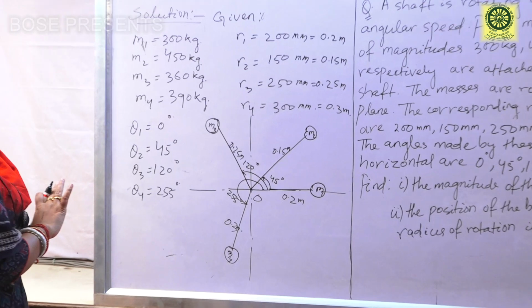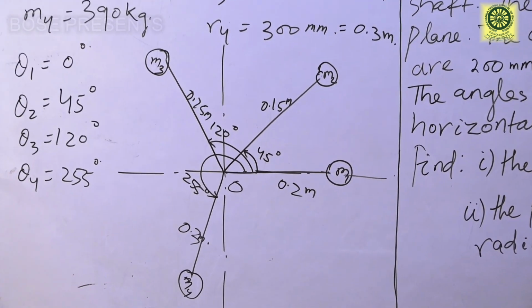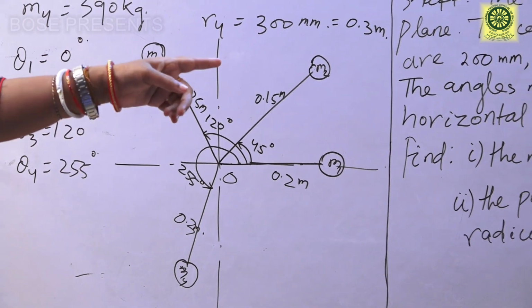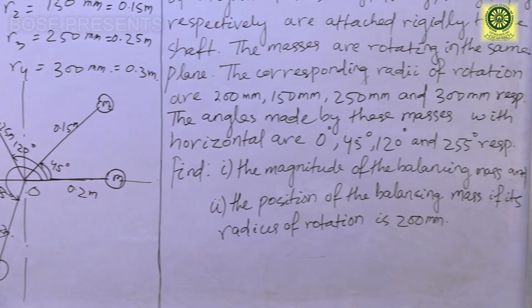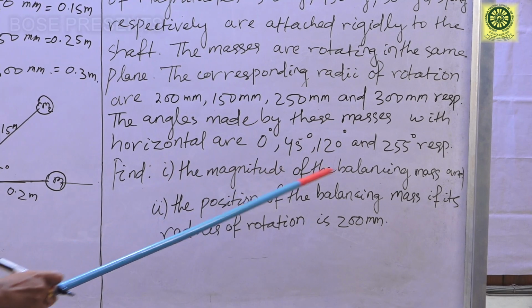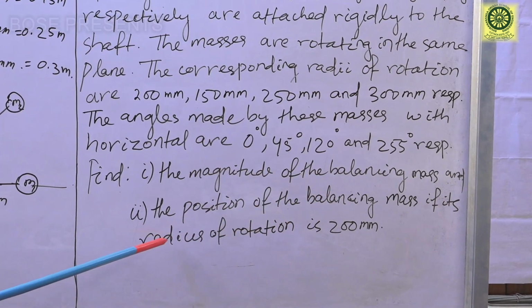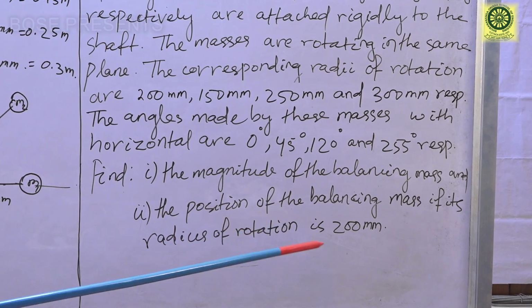This much is given in your data, and from the given data you have to find out the magnitude of the balancing mass and the position of the balancing mass if its radius of rotation is 200 mm.